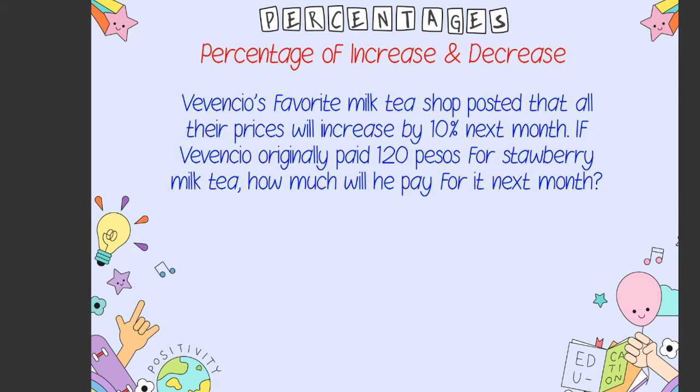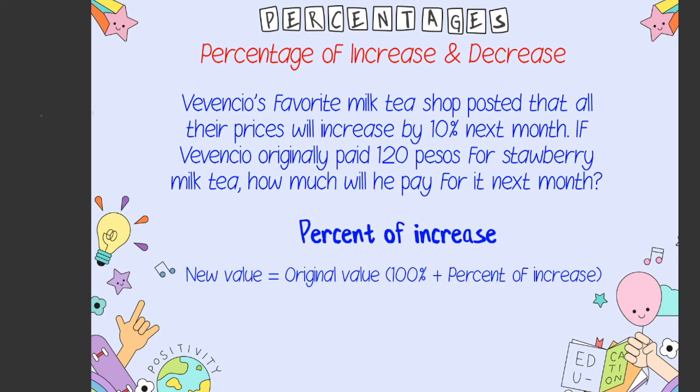Now let's head straight on to an example. Viventia's favorite milk tea shop posted that all their prices will increase by 10% next month. If Viventia originally paid 120 pesos for strawberry milk tea, how much will he pay for it next month? So are we going to use the formula for the increase or the decrease? Yes, that's the formula for percent of increase. So let's just substitute. New value equal to original value, which is 120 pesos.